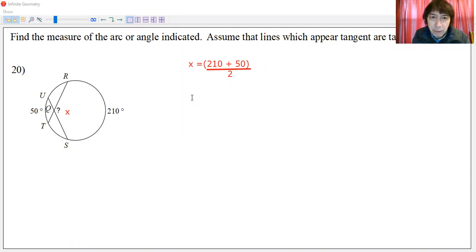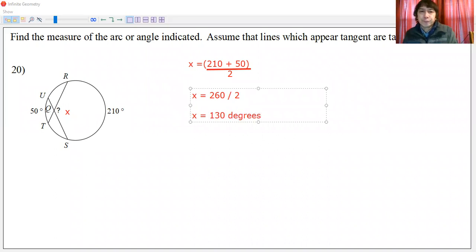So our next line will be x, which is equal to 260 divided by 2, which is 130. So x is equal to 130 degrees. There. And so we can check and verify the answer. It's 130 there.